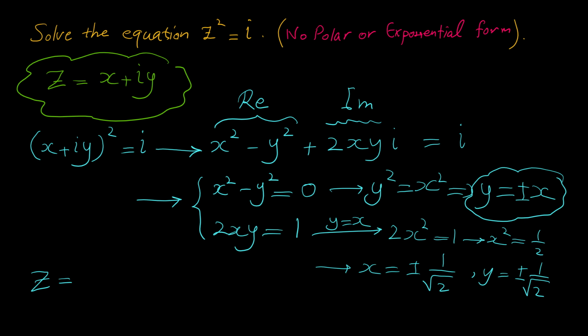So basically we have two solutions for z. 1 over radical 2 plus 1 over radical 2 i, when x is 1 over radical 2, y is also 1 over radical 2. The other solution is negative 1 over radical 2 minus 1 over radical 2 i. If x is negative 1 over radical 2, y is also negative 1 over radical 2. So these are the two solutions for this equation.